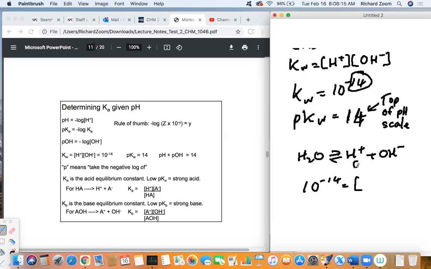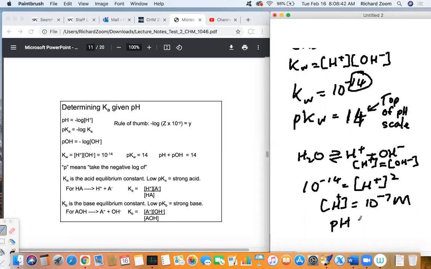So the concentration of H plus equals the concentration of OH minus. Then we can say that the concentration of H plus squared is equal to 10 to the negative 14, which means H plus would be 10 to the negative 7. And that would also be the concentration of OH minus as well. But the pH then would be 7.